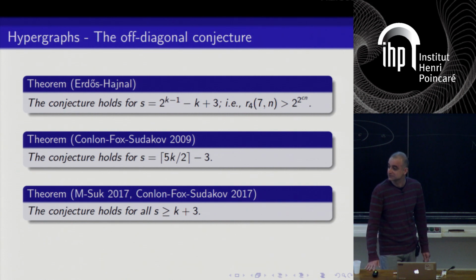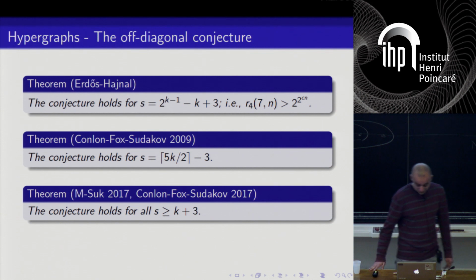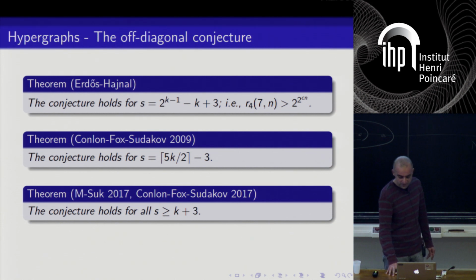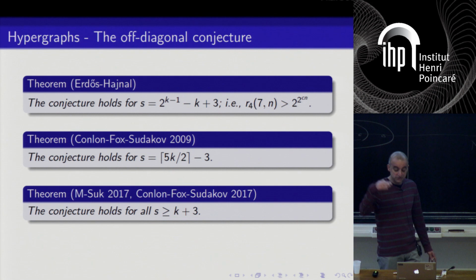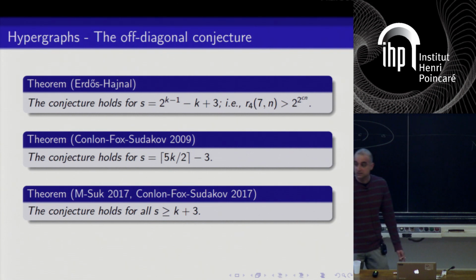But of course, when k is 4, this is still 7. So there were some different constructions, actually. So this means that we know the off-diagonal growth rate of off-diagonal Ramsey numbers as long as the small clique is at least 3 bigger than k.